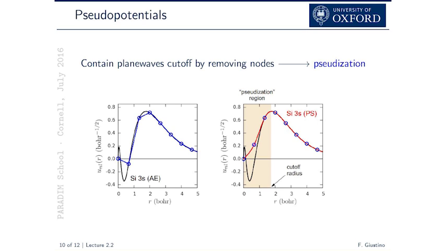This operation is called pseudization. I perform a numerical solution of the wave functions, and that's the first step in the generation of a pseudopotential. I generate my wave functions here, and at this point I'm not happy with these nodes, so I take the wave function, cut through, and define new wave functions.